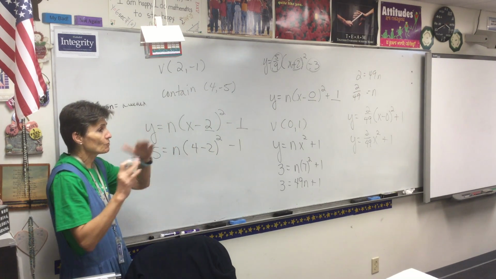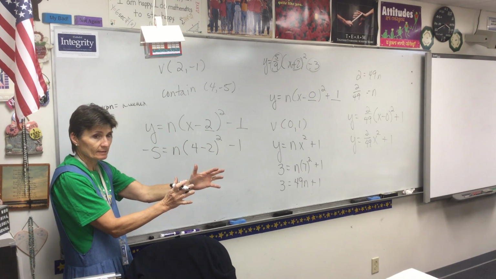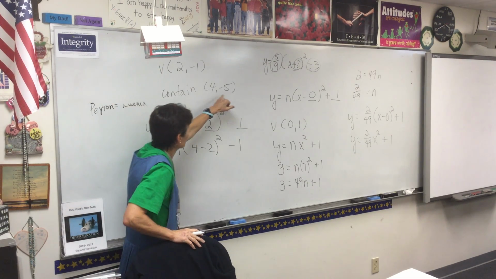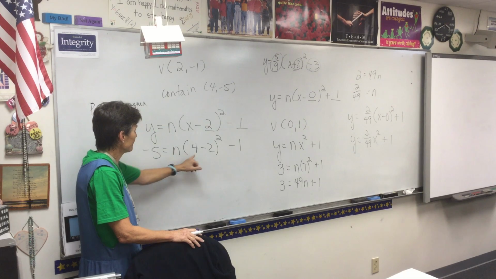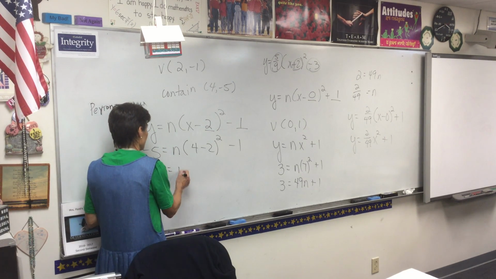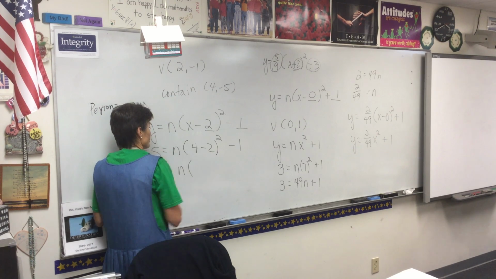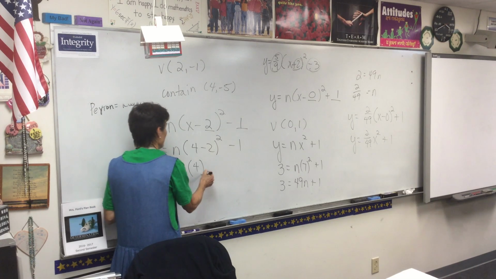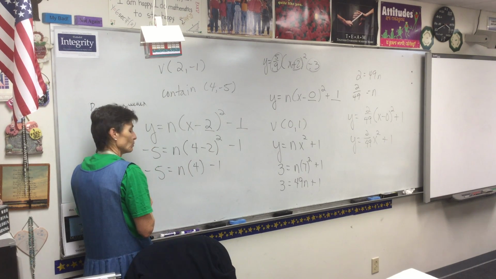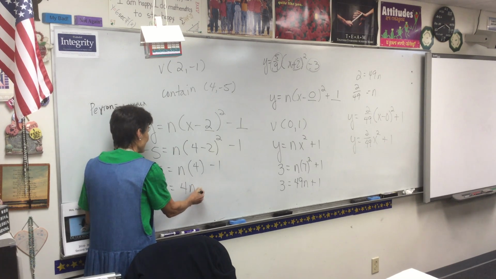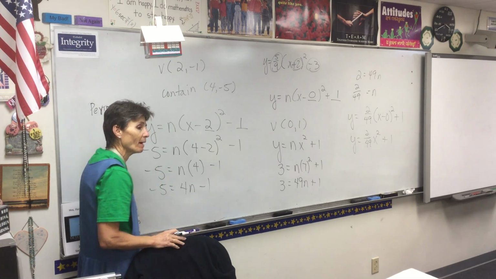So first of all, you fill in your vertex, and then you fill in your extra x and y. And now we're going to work this out carefully. 4 minus 2 is 2, squared is 4. Not subtract the 1. This is 4n minus 1. You can't combine those.